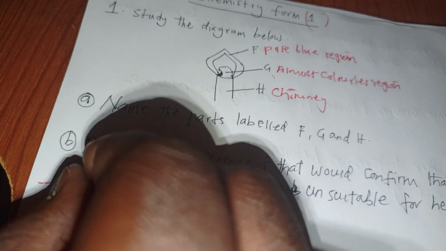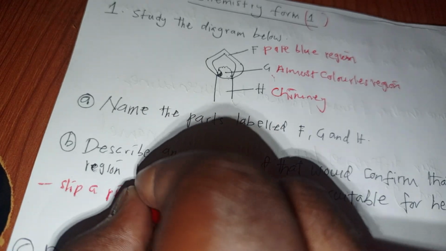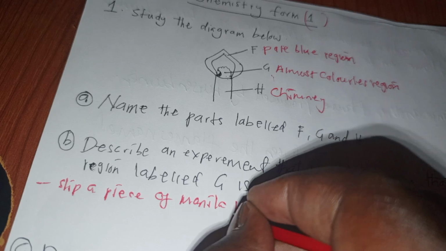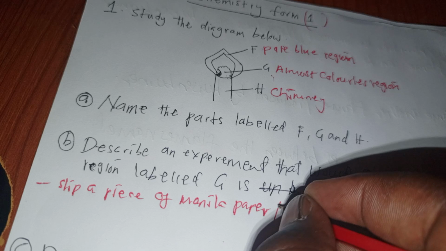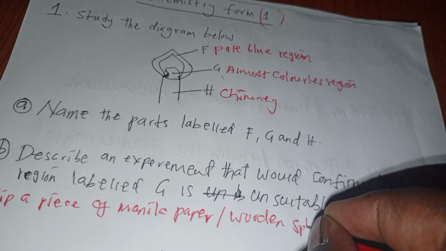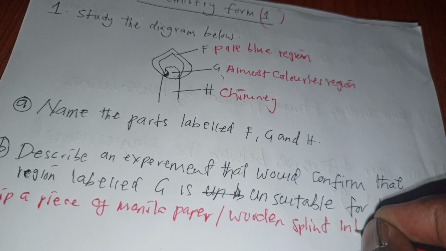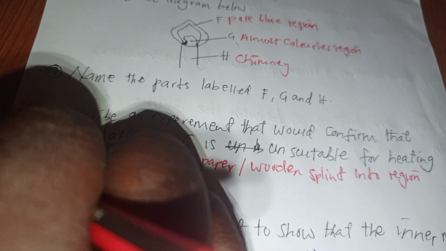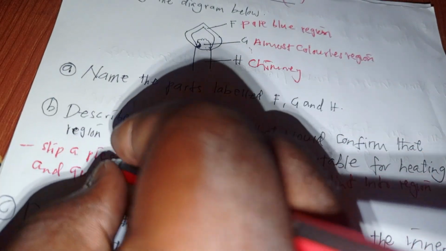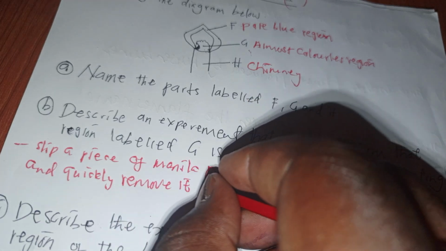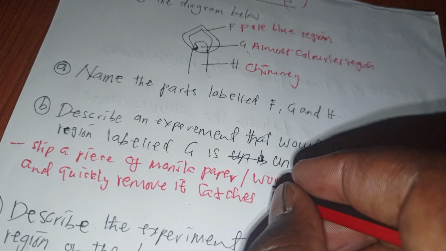Insert a strip of Manila paper or wooden splint into region G and quickly remove it before it catches fire.